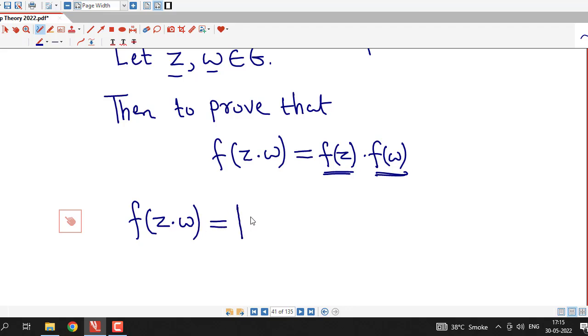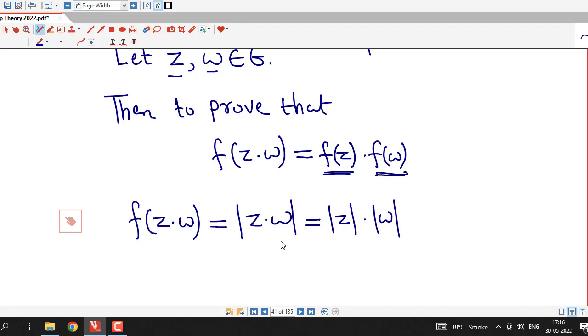This is by definition the absolute value of z into w, and we know that the absolute value of the product can be written as the product of absolute values of complex numbers.